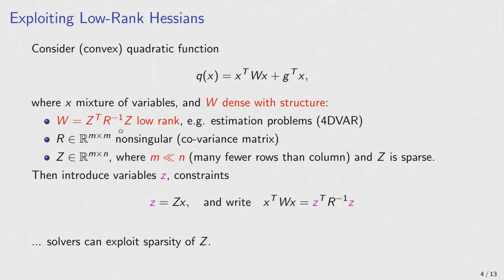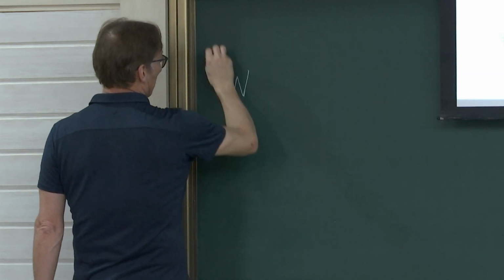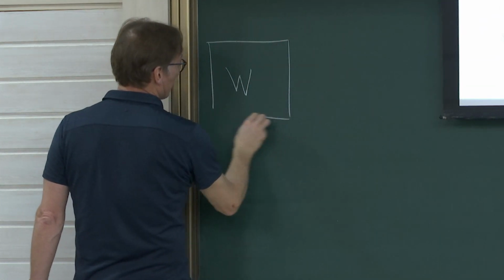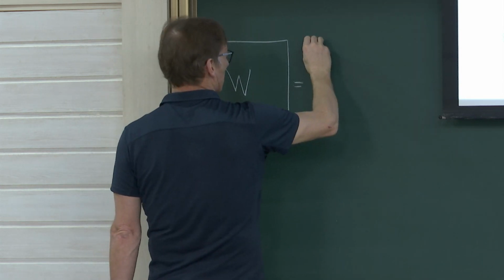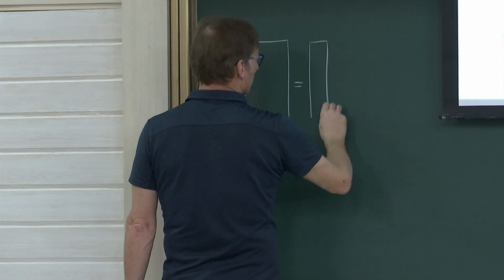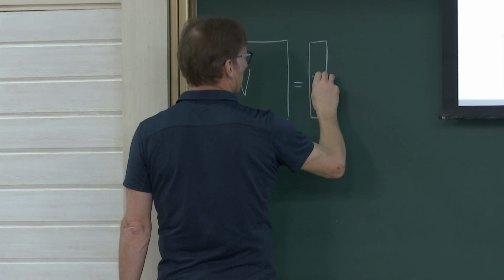So that means that this product up there, this W, if I write it out, W is a big square matrix, and it's made up of Z transposed. So Z transposed is a long and skinny matrix.